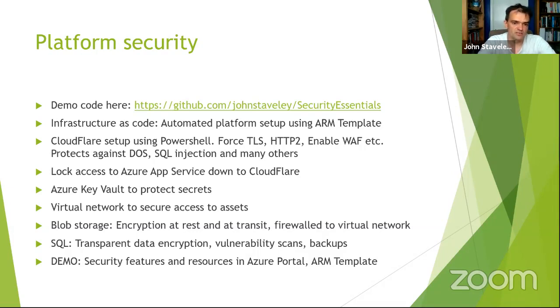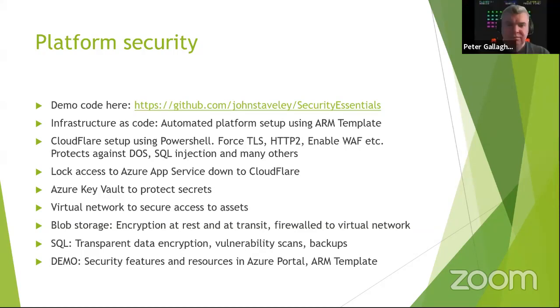We set up an Azure Key Vault to protect our secrets, so it's all the passwords and usernames, and then use a virtual network to secure access to assets like blob storage and SQL Azure. For blob storage, obviously, we're setting encryption at rest and in transit, and all of the requests are firewalled to the virtual network. A lot of this stuff, if you read the guidebook on how to set up Azure securely, you will come out with.